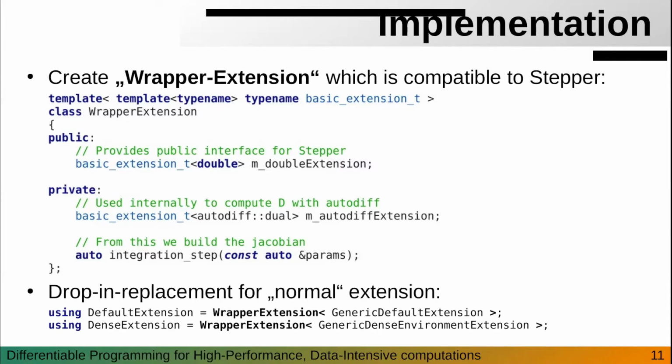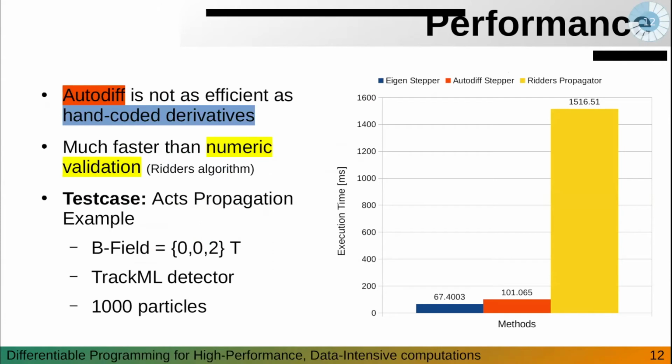At the moment there are two extensions, but if someone wants a different extension, they can just use the wrapper extension and generate the covariance transport automatically, which I think is quite a nice interface. I have also done a small performance evaluation, even though this is for validation purposes.